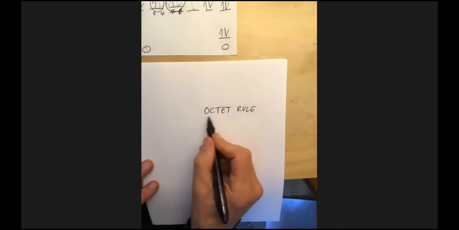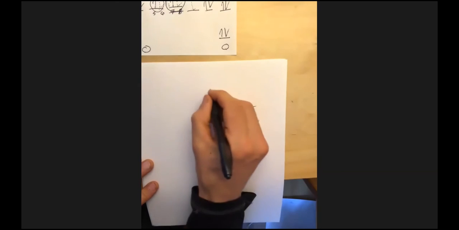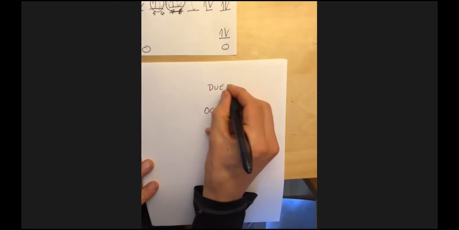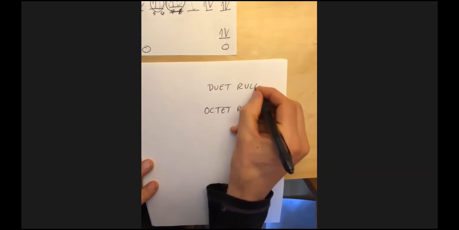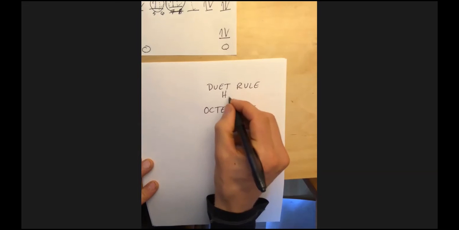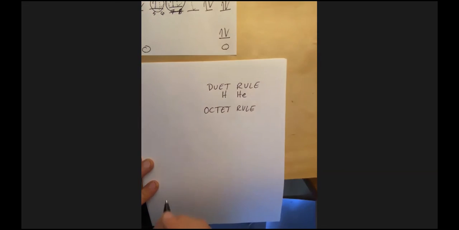So I would say before we even have an octet rule, we have a duet rule. And it applies to hydrogen and helium.